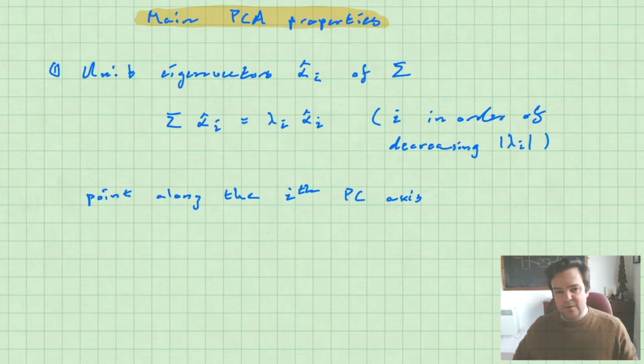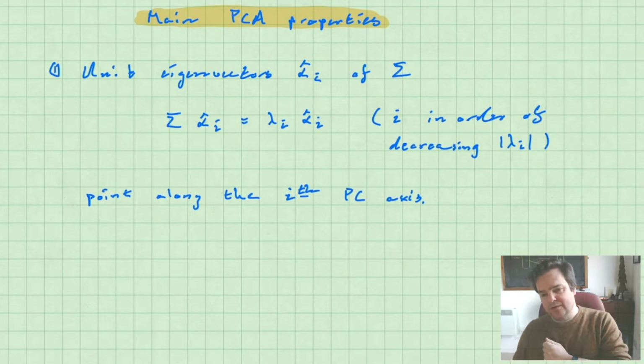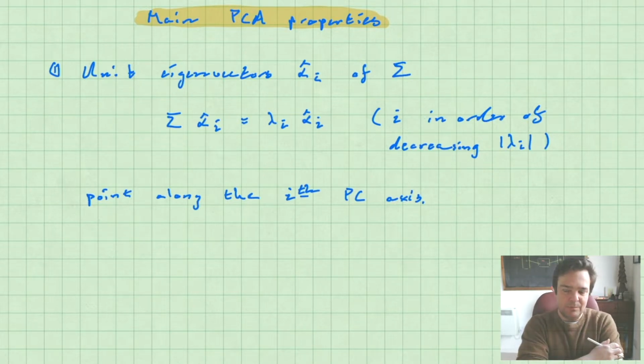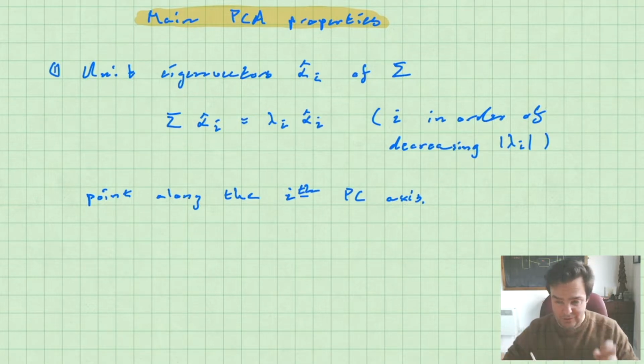I should make a comment here as well. They do point along the ith PC axis, but there's two ways to point along the axis, right? If I said draw me an arrow that points along the horizontal axis after having drawn a two-dimensional plot, you actually have two options, right? You can draw one going in the direction in which the axis increases, or in the direction in which it decreases, and both of those point along the axis.